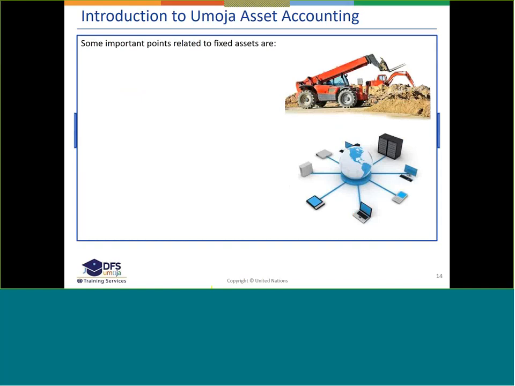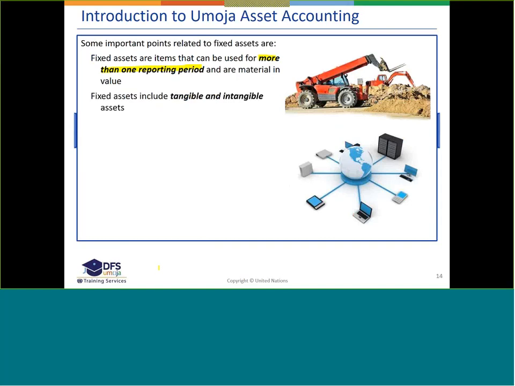Okay. Some important points related to fixed assets: they are master records, items that can be used for more than one reporting period. This is related to one of the capitalization criteria we mentioned before. Useful life is more than 1 year, so they appear in more than one reporting period. Fixed assets include tangible and intangible assets. This is also something you have to keep in mind.